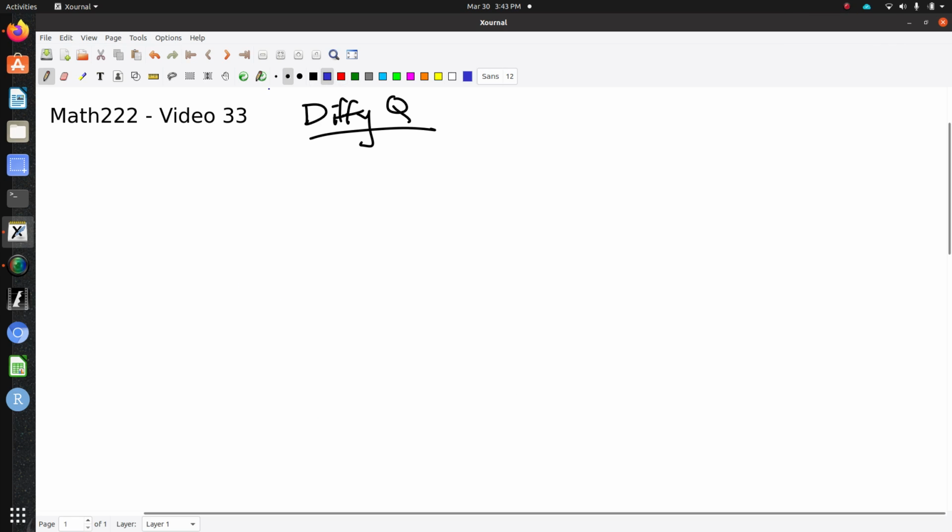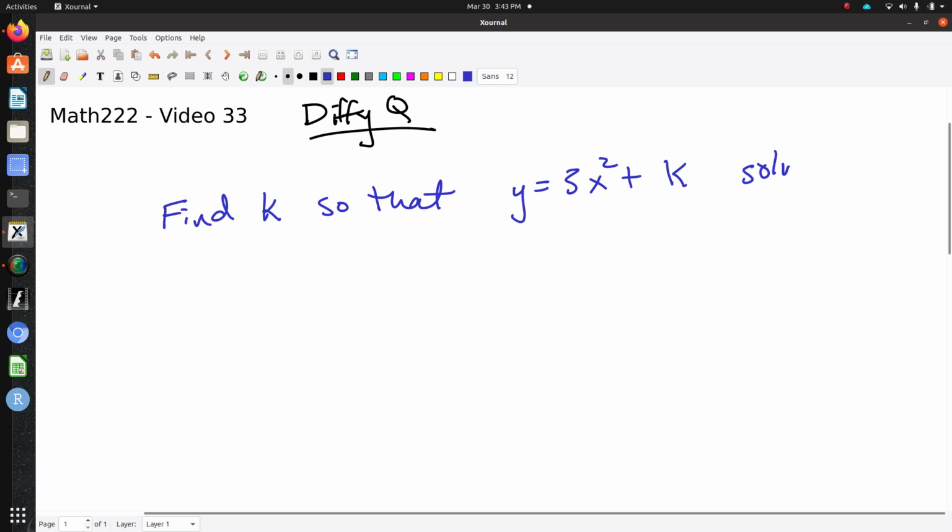Another common trick in differential equations is to do something like this. Find the value or values of k so that such and such, y equals 3x squared plus k, is a solution or solves, blah, blah, blah, okay?